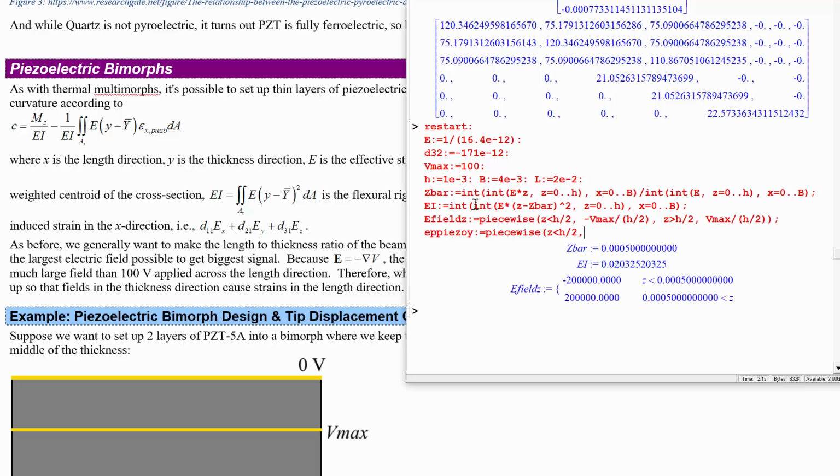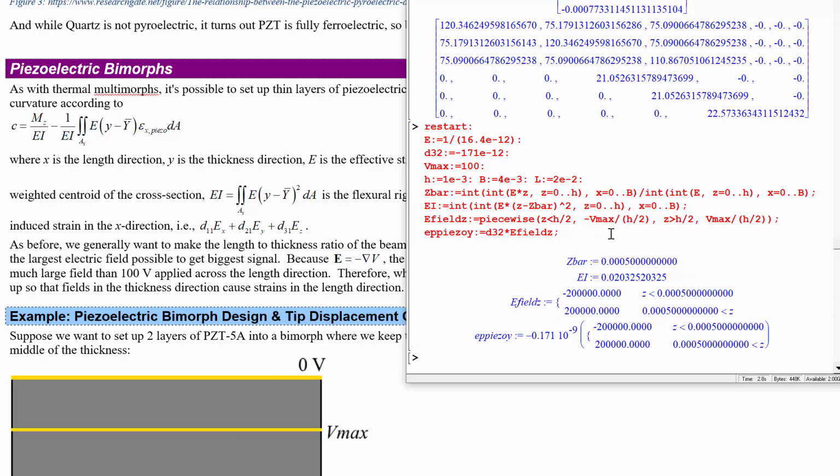And then we're going to say the piezoelectric strain in the Y direction is D32 times E field Z. Regardless of what Z we're at, you multiply the E field there by D32, and you've got the piezoelectric strain showing up in the Y direction if the thing is otherwise free. Even if it isn't free, that would be the piezoelectric strain.